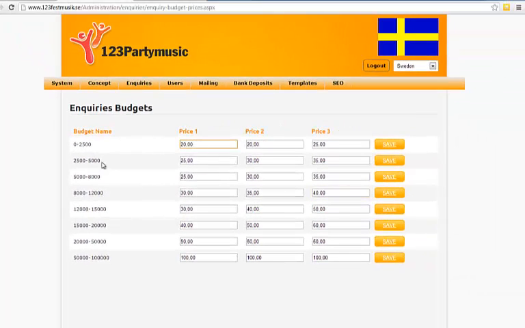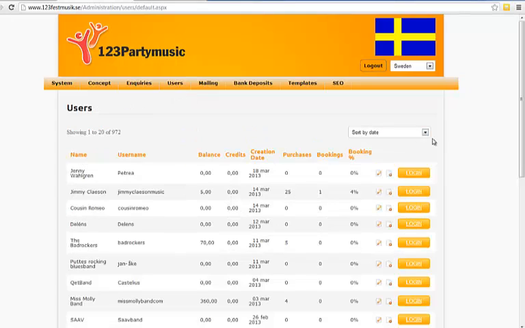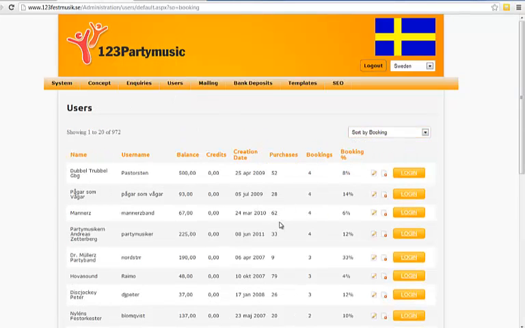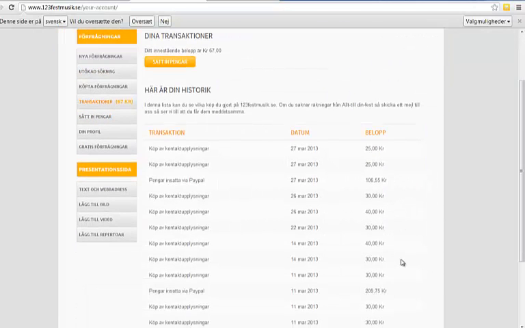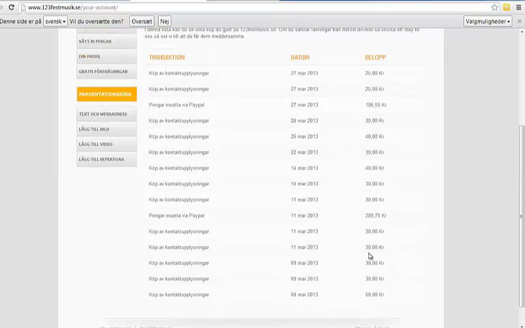So you can see the percentages and the prices, and you can do some calculations if you go to users and sort by booking. Then you can say, okay, this guy has 6%, so he's in the second level. He bought 62 inquiries. If you log in as that user, you can go and see his transactions and see, okay, 62.